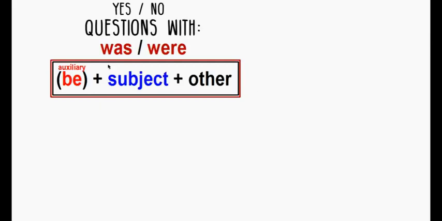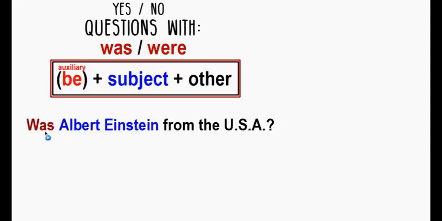So, using was and were in the past tense, we have a question like this. Was Albert Einstein from the USA? Again, was is the auxiliary be in the past tense, and Albert Einstein is the subject. Was Albert Einstein from the USA?